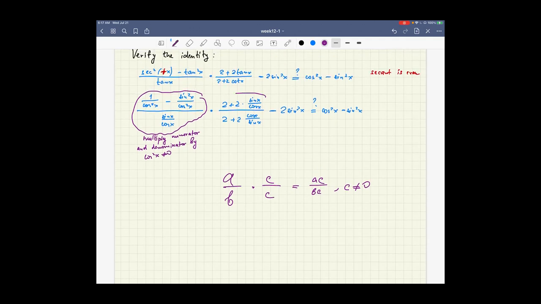To simplify the second fraction, let's multiply the top and the bottom by sine times cosine.